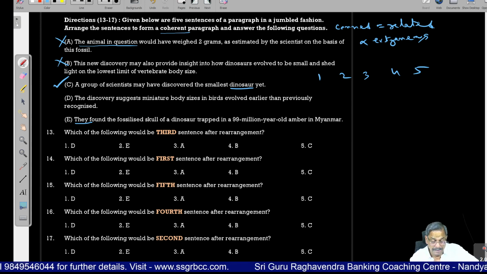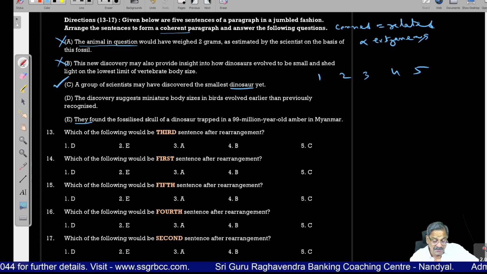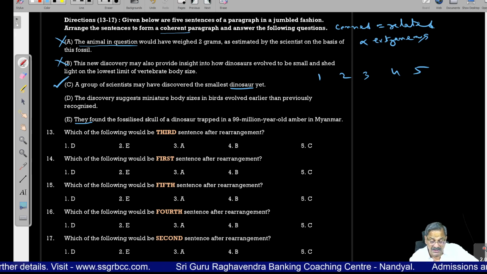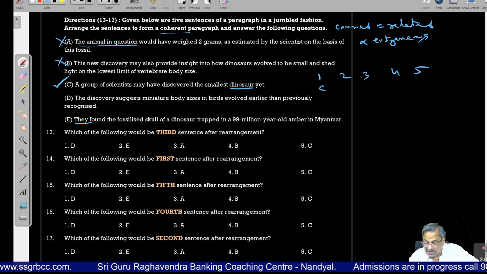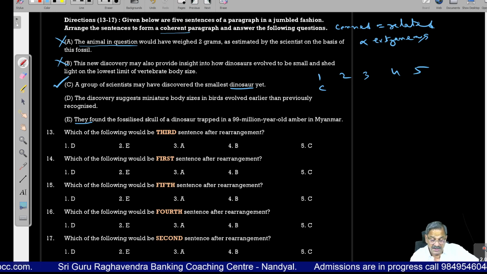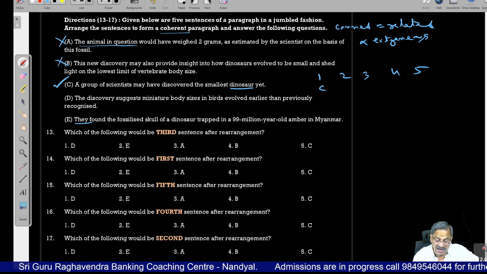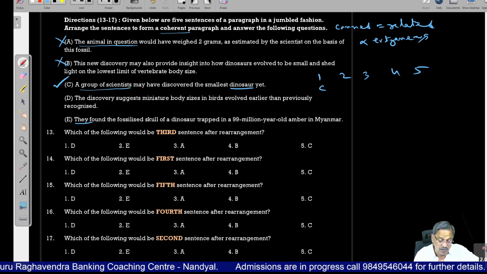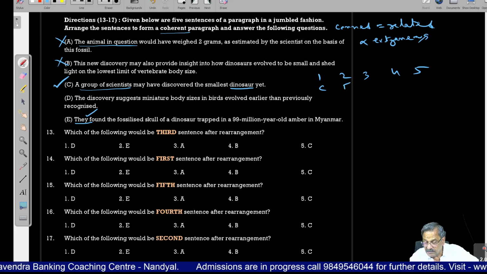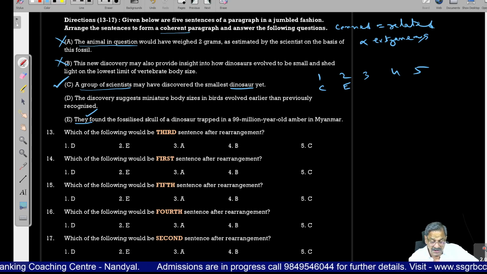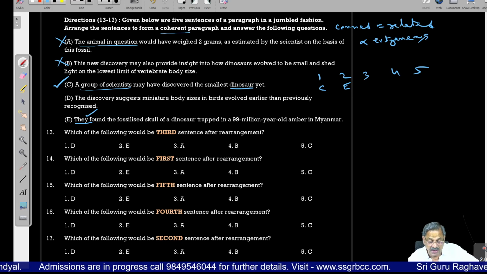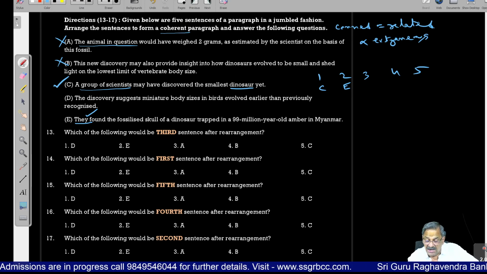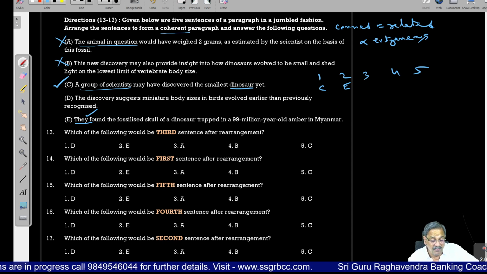See here, a group of scientists may have discovered the smallest dinosaur yet. So we have to start with C. Discovery suggests a group of scientists, that is plural. So we have to go for E. They found the fossilized skull of a dinosaur trapped in 99 million year old amber in Myanmar.